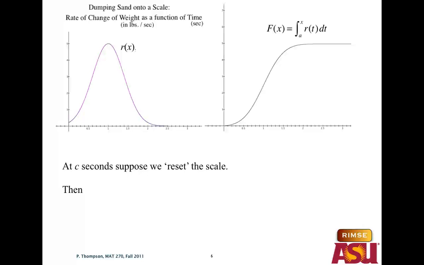So say along here, say it's c seconds. Anytime c, that's here and that's about here. We're going to do a reset, but we're still thinking about accumulating to any value x. Put it in the wrong place. Try again.